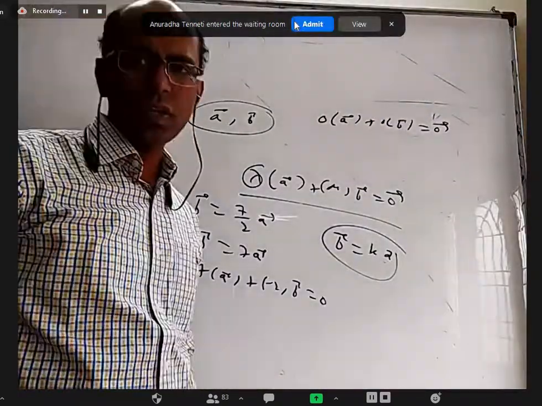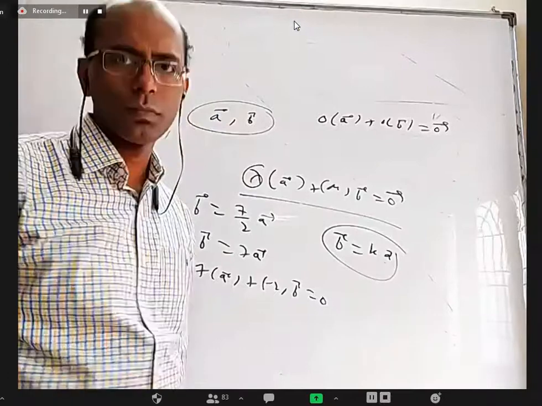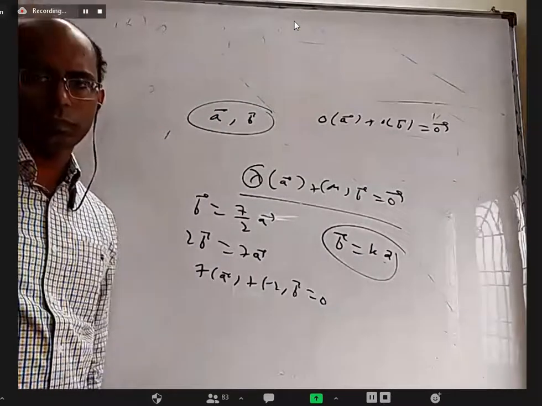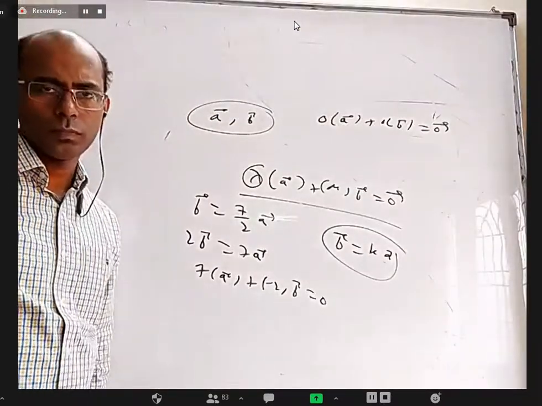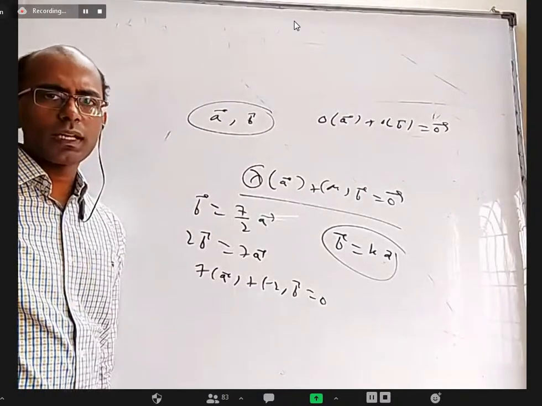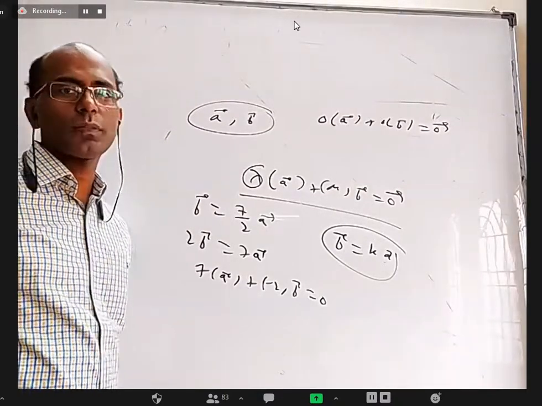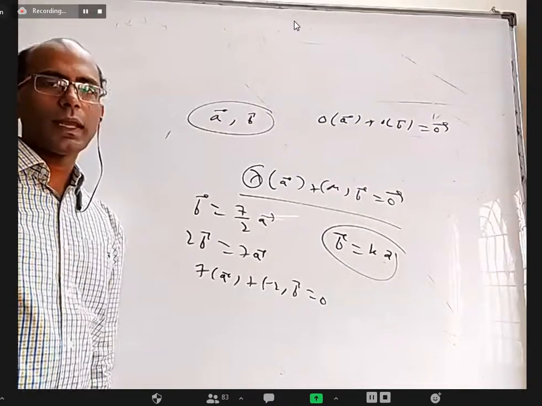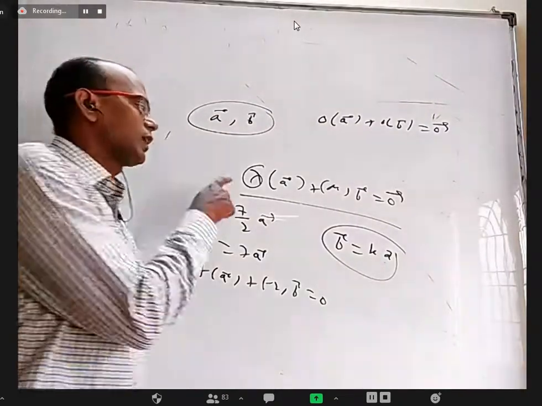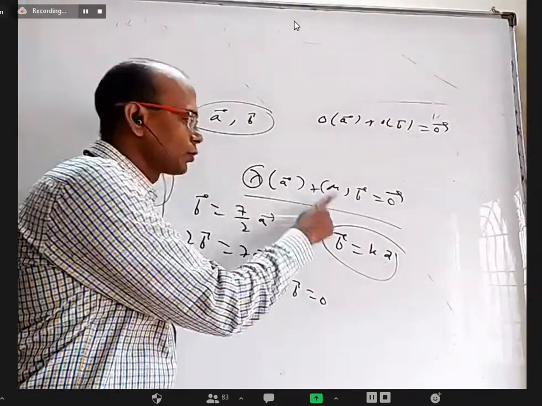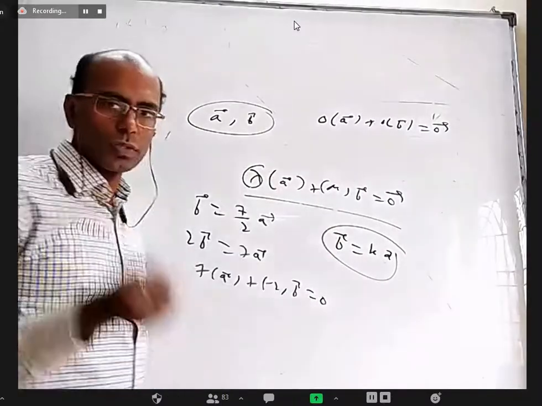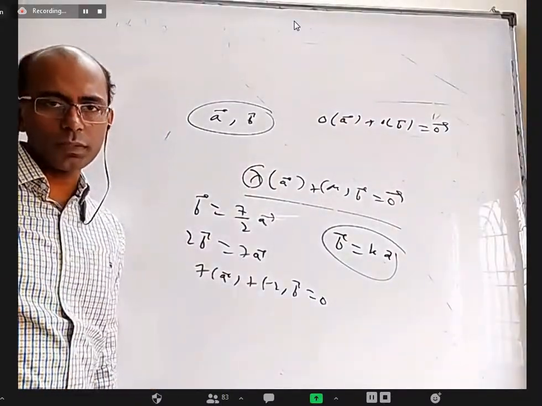What is the opposite of at least one of them non-zero? One of them is 0. No, both of them are 0 is the opposite statement. At least one of them is non-zero means either lambda is non-zero or mu is non-zero or both lambda and mu are non-zero. What is the opposite of that statement?